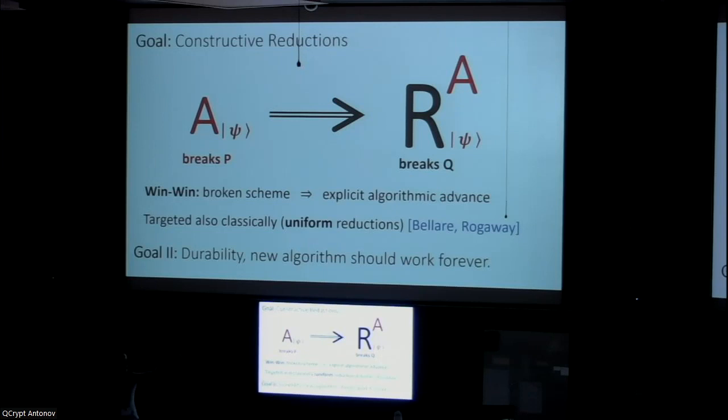This reduction gets a state psi, and we prove that it can break the assumption, let's say invert the one-way function. Now, in general, because it gets non-uniform advice, maybe it will invert once, and now it can't invert anymore because the quantum state was destroyed, or at least evolved in a way that it's not useful anymore. So the question is, can we do it in a durable way, so that we can continually invert the one-way function? Yes?